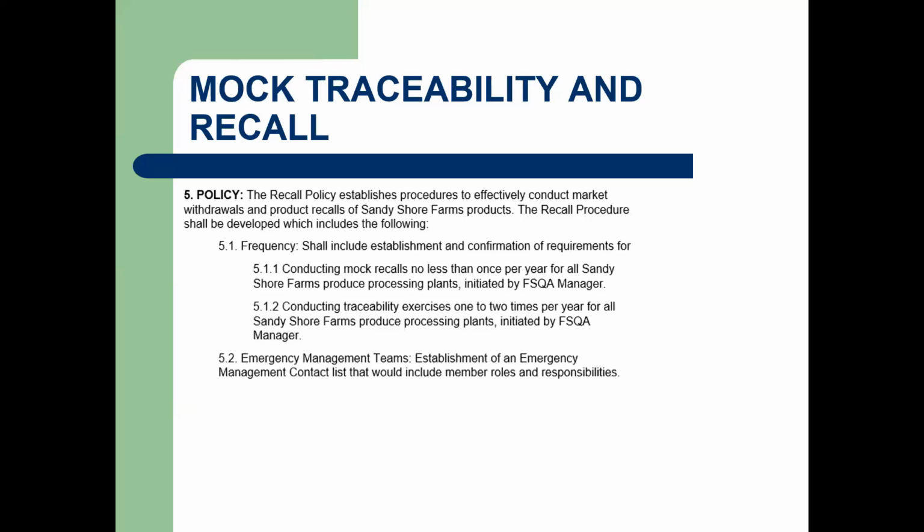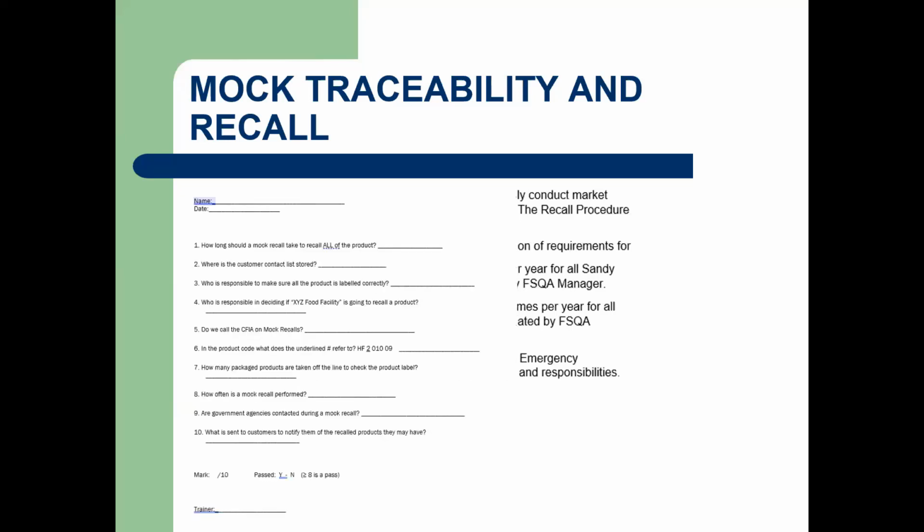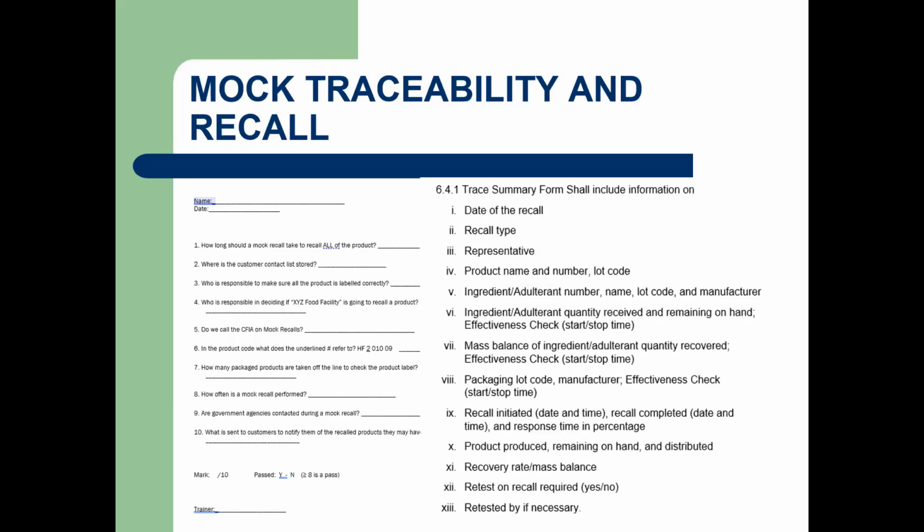So you can define those policy and the frequency for your own facility, and what those mock recall traceability and recall plan should contain. Like, it should have information about who is conducting it, what's the customer emergency contact list, who you need to inform when a recall occurs, what's the name of your facility, where it's located, who is the CFIA contact if a recall occurs, what is the product code which has been identified, who is the person, the list of emergency contact in your own facility.